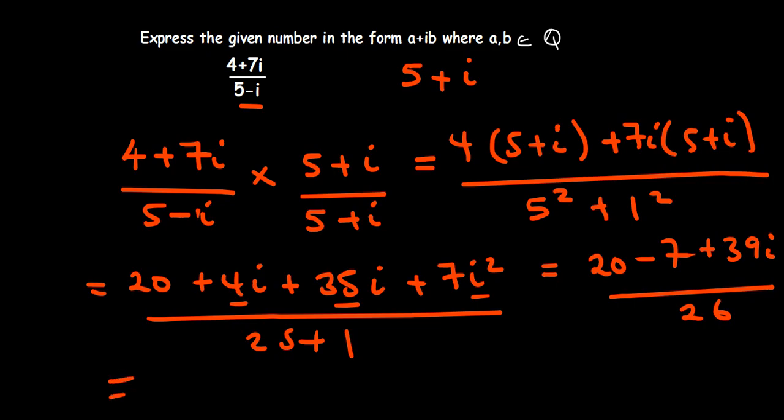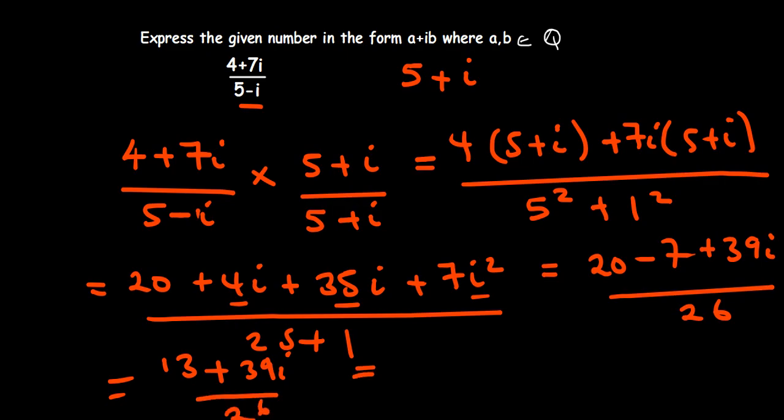So what will be my final working? 20 minus 7, I get 13, plus 39i, divided by 26.